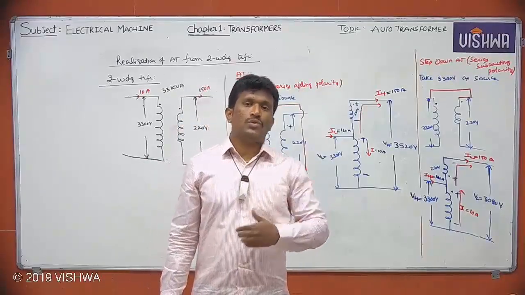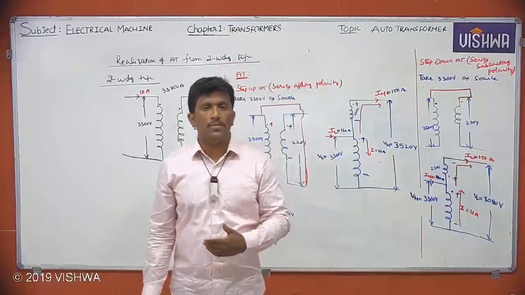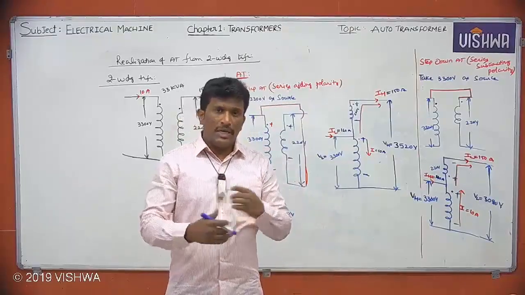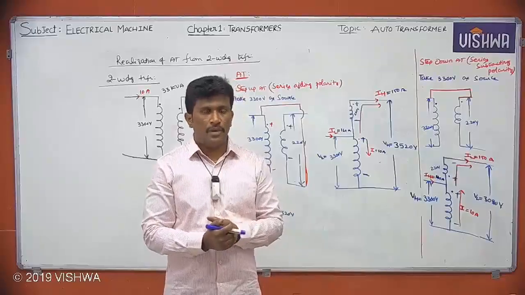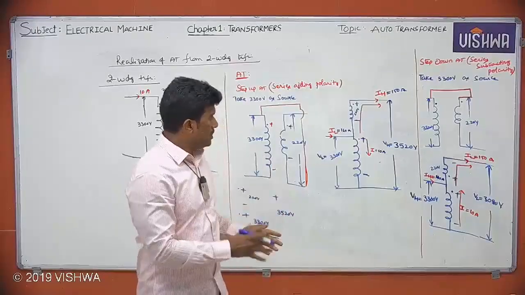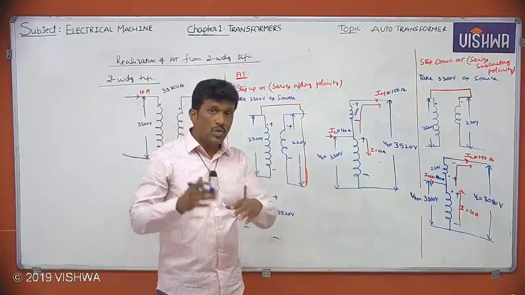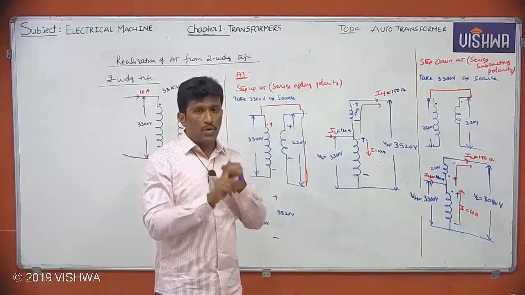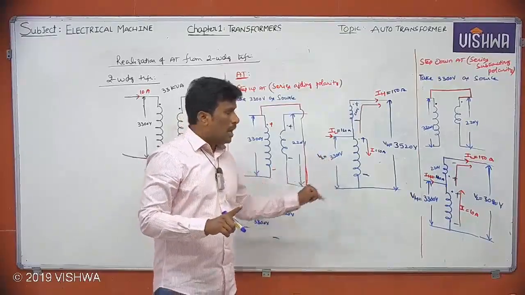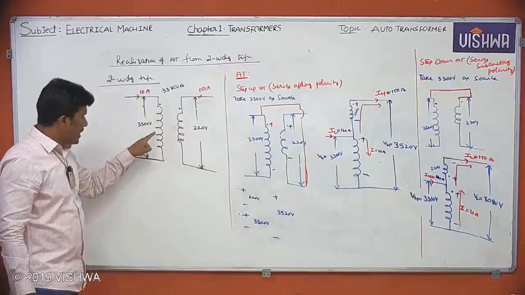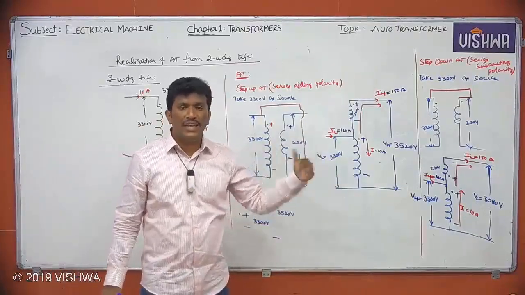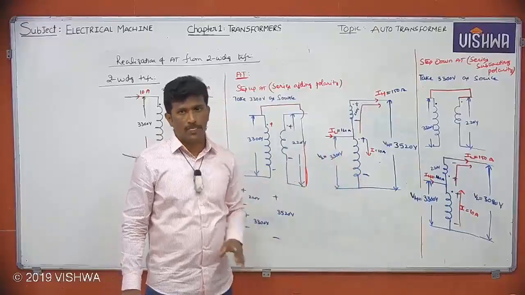By understanding those notes only, you will be able to solve any question on auto transformers. I'll continue that in the next session. In this session, what is the conclusion? In the notes I'm going to give in the next session, one important note I already told: the current flowing through particular windings will be the same after modifying it as an auto transformer also.